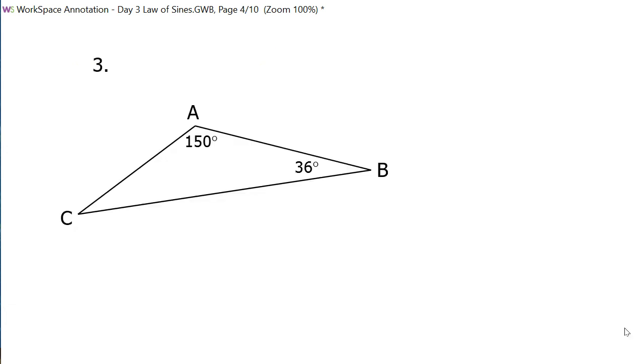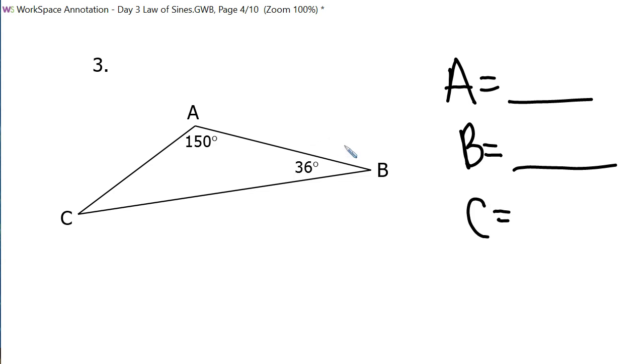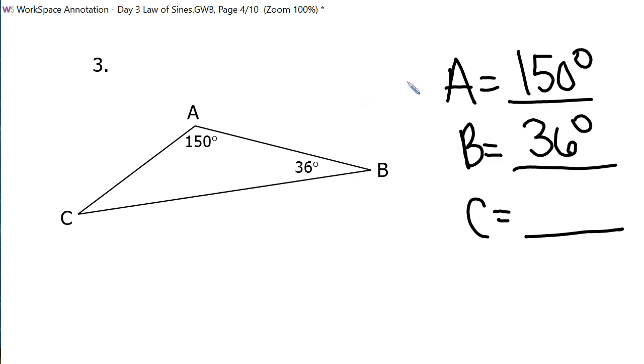Next one. Let's see what's happening here. So looking at my angles, A is 150 degrees. Angle B is 36 degrees. What does angle C have to be for that to add up to 180 degrees?